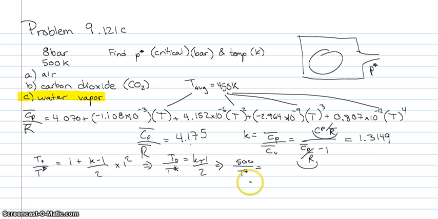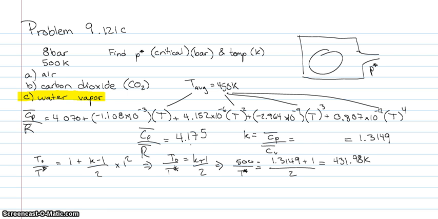And then we solve for the K right there. Excuse me, I'm going to erase some of this to get it cleared up. Of 1.3149 plus 1 all over 2. Plug that into your calculator and you're going to come up with 431.98 Kelvin for your critical temperature when you solve out the 500 also.